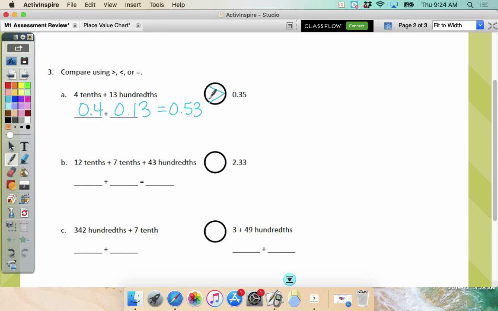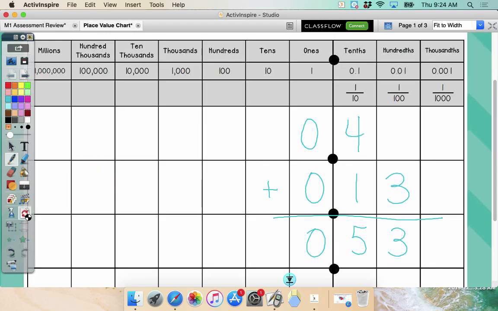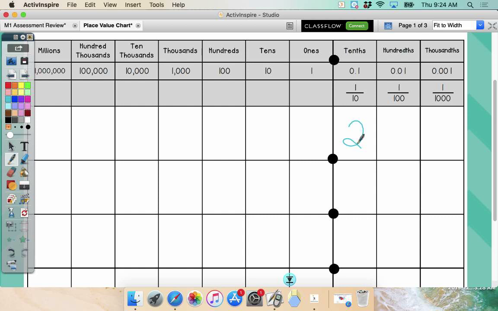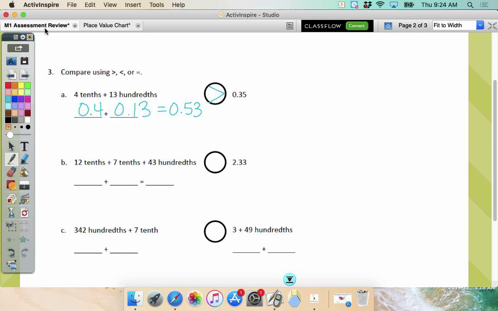The next one, 12 tenths. How do I write it in standard form, Sergio? No, that's 12 hundredths. So the 2 goes in the tenths place. So if I put the 2 in the tenths place, 1.2. See how we just used the place value chart to help us? Okay, Eileen, 7 tenths. How do I write it? Okay, and what about 43 hundredths, Caitlin?